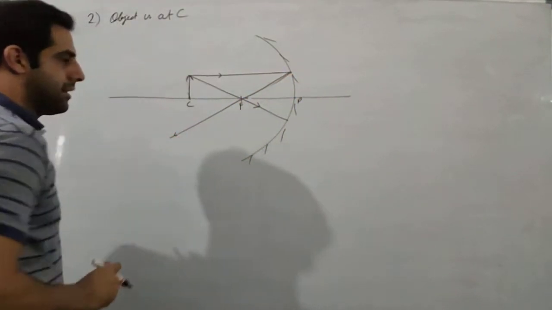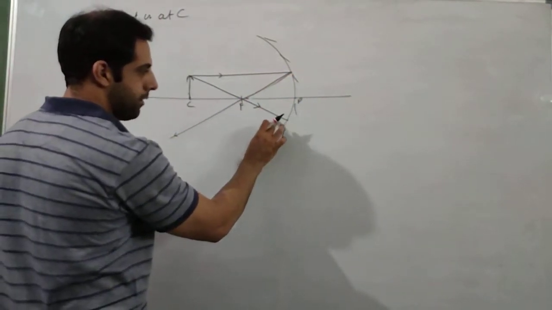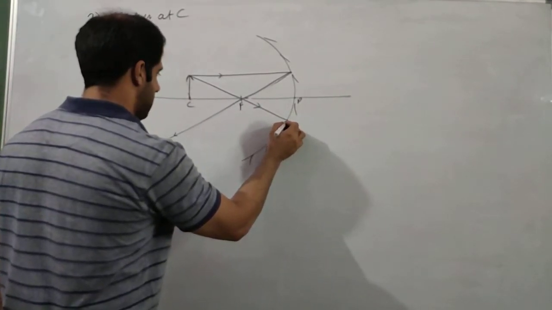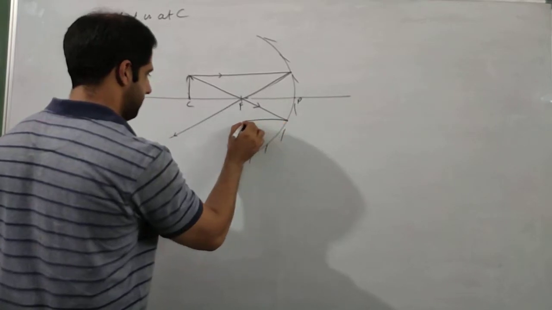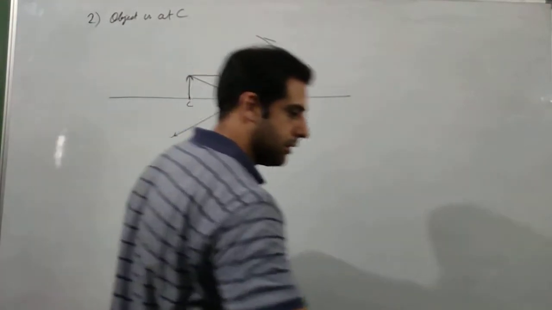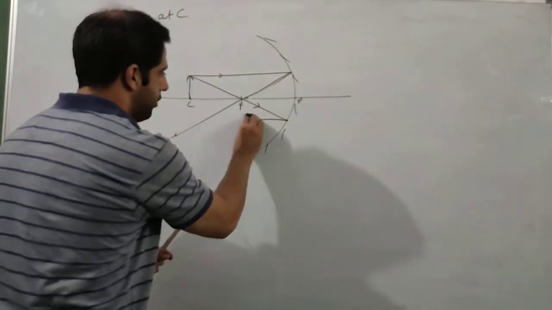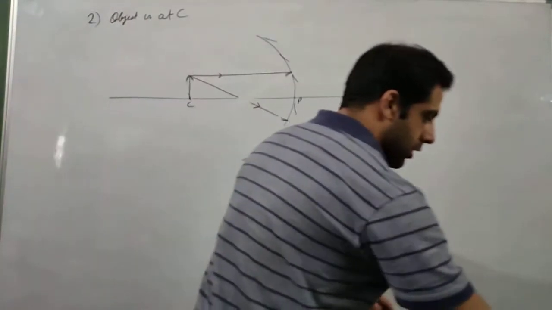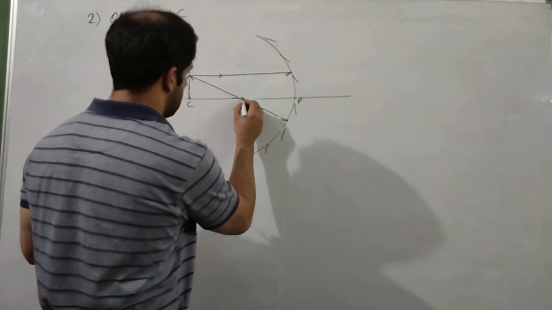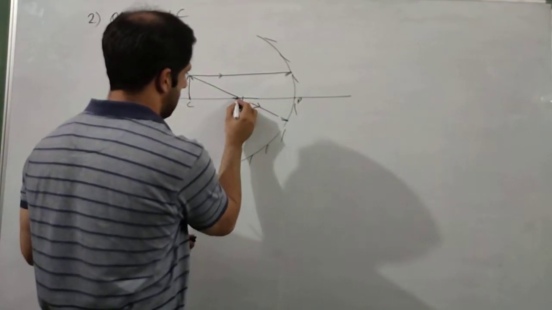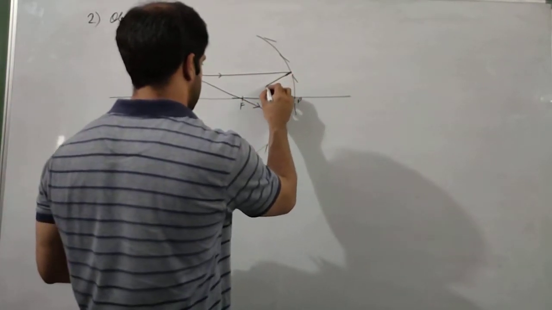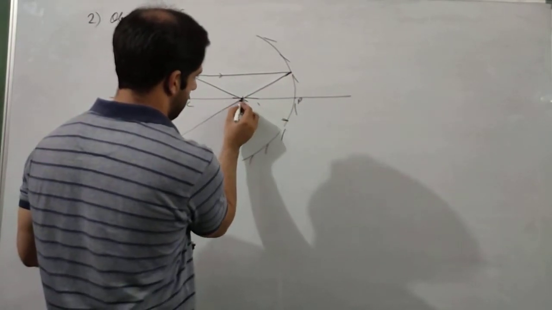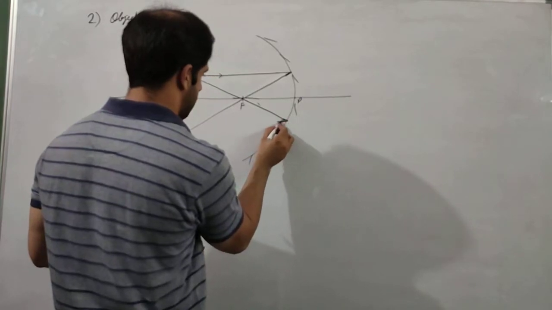So it will pass like this, and this ray when reflected will go parallel to the principal axis. So it will pass like this. It will be much easier if you draw with a scale, because your hand goes everywhere. And this ray, it will pass through the focus.